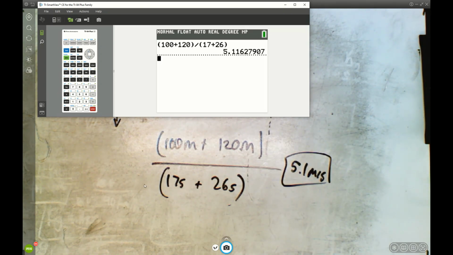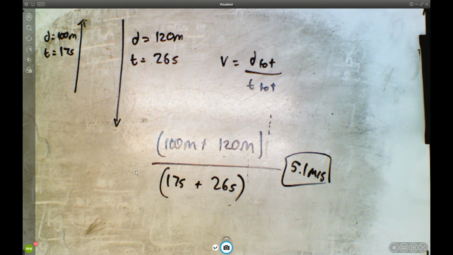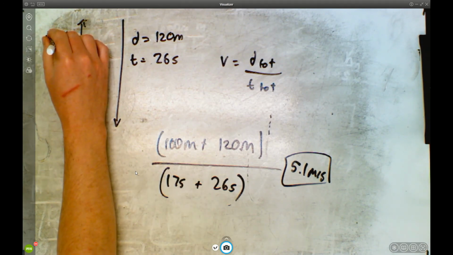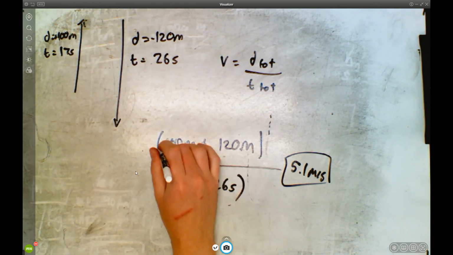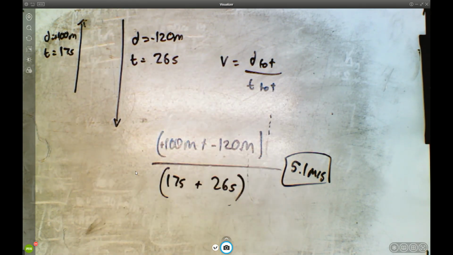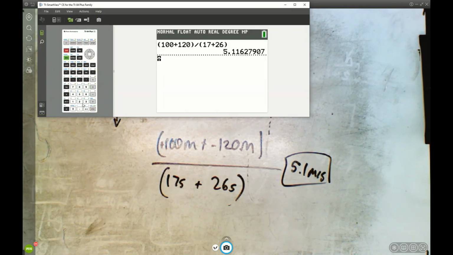Okay. To turn this into average velocity, all we need to do is add direction. So this is positive 100, this is negative, because this is north, this is south. So I can just go back into my calculator, push second enter. I'll type in the last thing that was in there, and the only thing I need to change is I need to make this 120 negative.